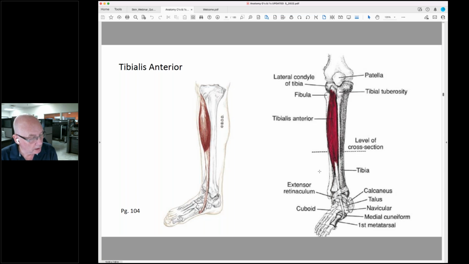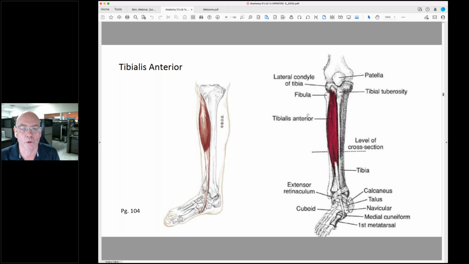Does anybody have any issues with shin splints? This muscle is usually involved with shin splints. Basically, if you're doing something, usually an exercise, like playing soccer, you're constantly running, okay?